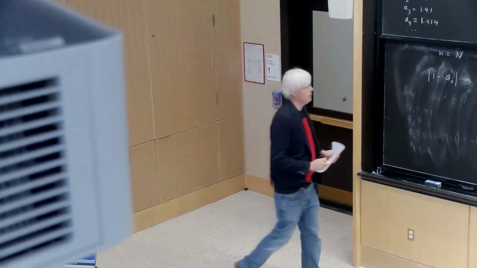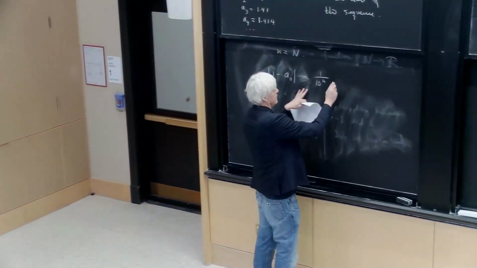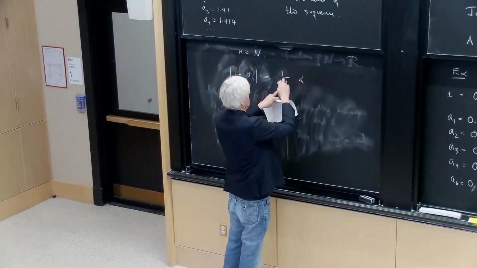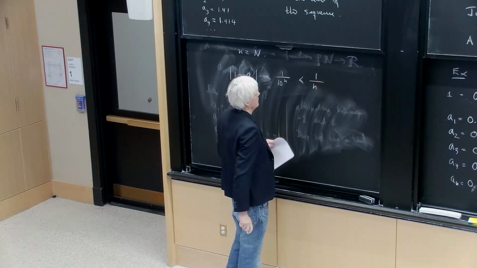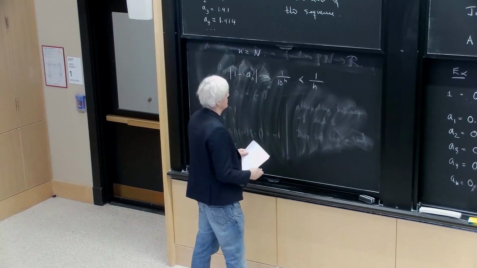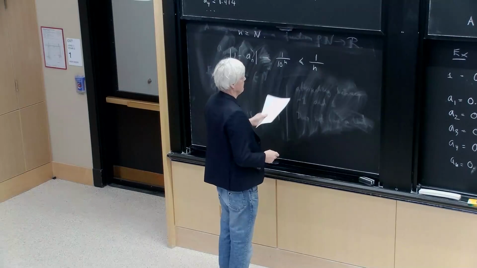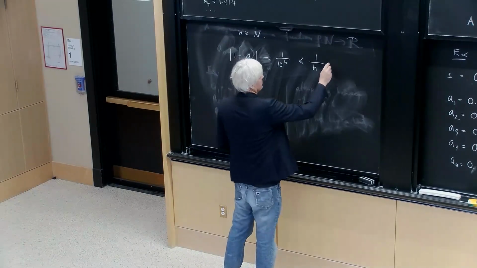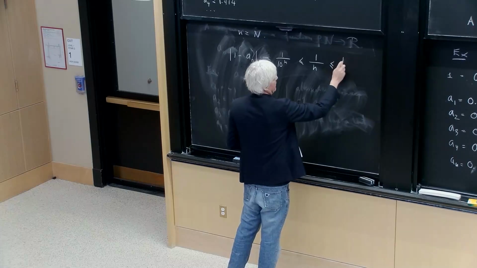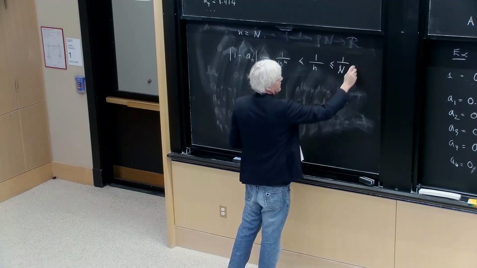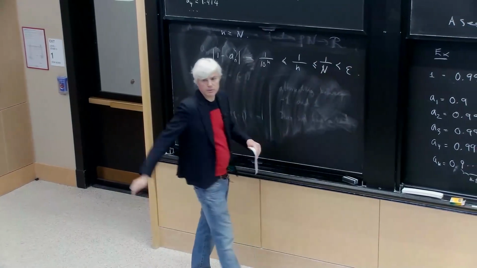But now you see that this thing here, 1 over 10 to the power n, is less than or equal to 1 over n. And so if little n is bigger than capital N, this is therefore less than 1 over capital N, but this was less than epsilon.